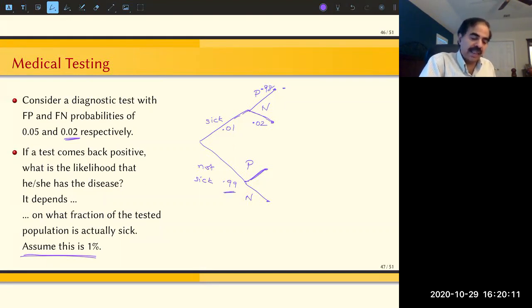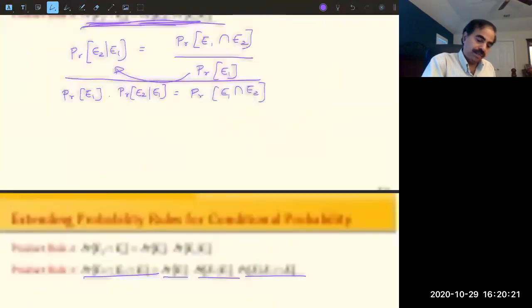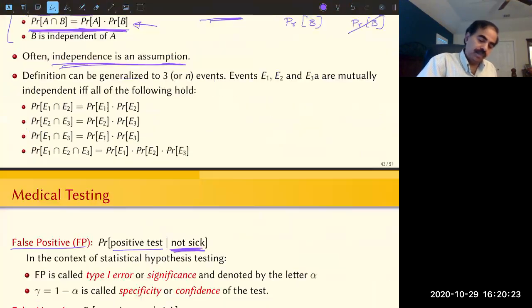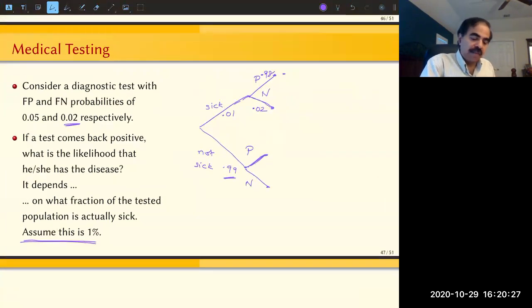Similarly, you are not sick, so if you are positive, that is going to be a false positive. So this is going to be 0.05, and this is 0.95. Then let us calculate the leaf probabilities.